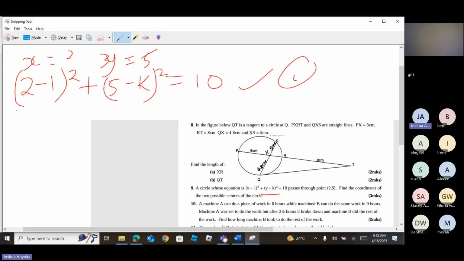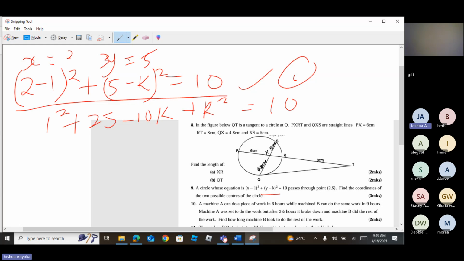Expand this one. 1 squared plus 25 minus 10k plus k squared is equal to 10. I want you to work until you get a quadratic equation. Expand quadratically.